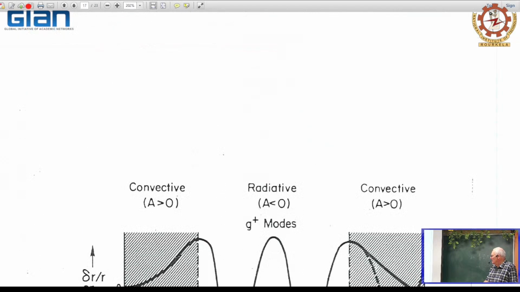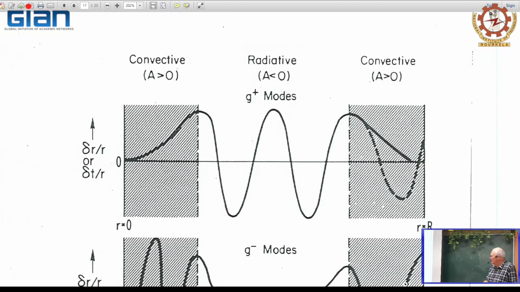Okay, well, here we have described again the propagation properties of G plus and G minus modes. Here we have a convective region, A is bigger than 0, and here we have a radiative region, a convectively stable region. So we have a propagating region for the G plus modes and an evanescent region for the G plus modes in the case of convective instability, and the opposite is true for the G minus modes.